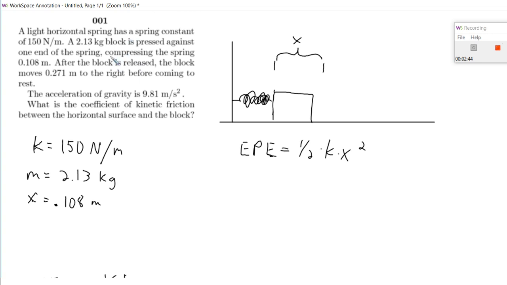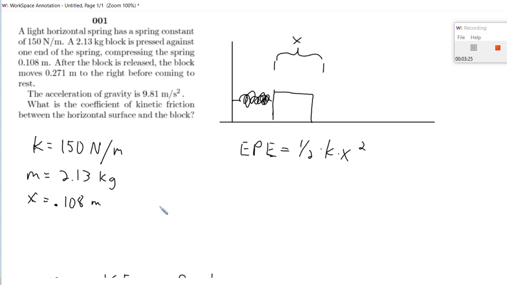Well, the problem is that it's sliding along a rough surface. And as it does, it says that after the block is released, it moves this far to the right before coming to rest. So clearly it's a rough surface, and there's some friction that begins to slow the block down. So the EPE transitions to KE, but then that immediately begins to be spent doing work against friction. And it eventually comes to rest.